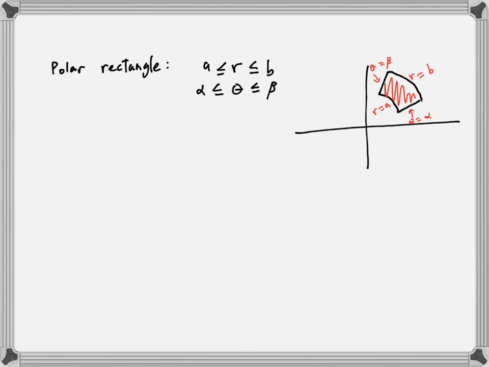Now, of course, there are special cases of this, okay? This is the general one, but what happens if r is between 0 and A, and theta is between alpha and beta? Well, if r is between 0 and A, that means that you would actually touch the origin, right?